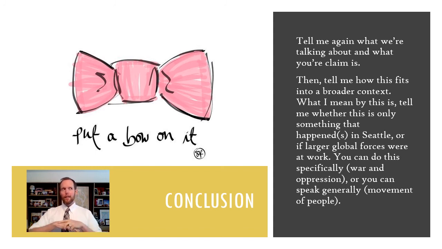So that's the larger thing that you can talk about here, that all of these demographic changes and continuities are caused by these very specific things, like war and oppression, or generally the movement of people, or because of that discrimination that was happening all over the country.